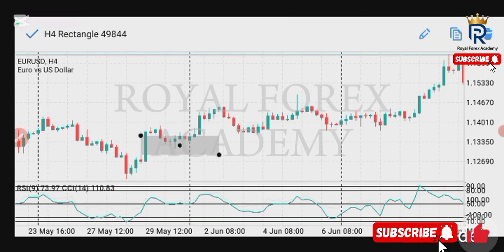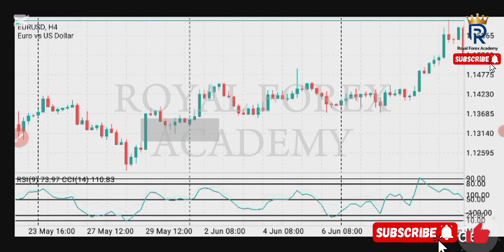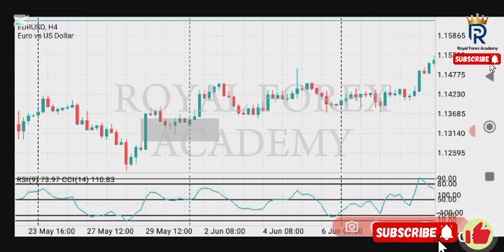Once this is done, what is the next thing? You will now go to your lower time frame, because when price gave you this imbalance, you go to your lower time frame and wait for price that has gone up to retrace, to fill into this space of the imbalance. Because as we rightfully said, imbalance is an improper price action, which means that the price is not supposed to move leaving an imbalance.